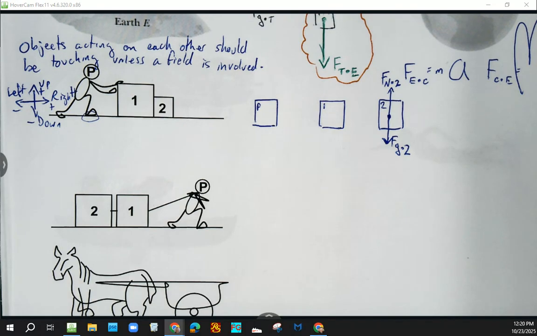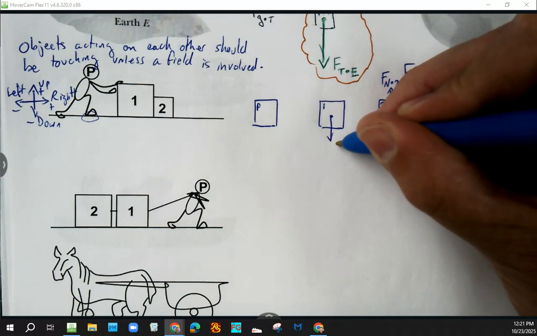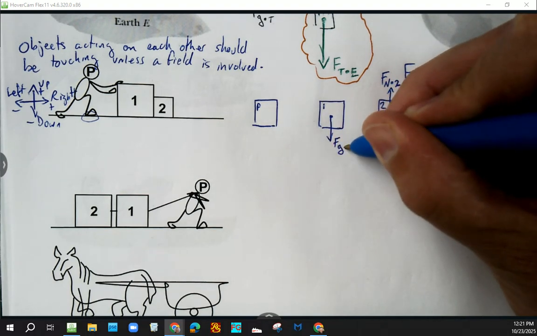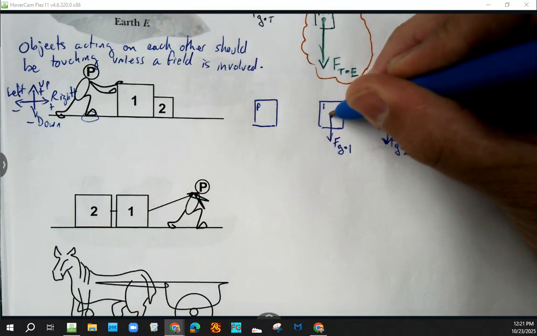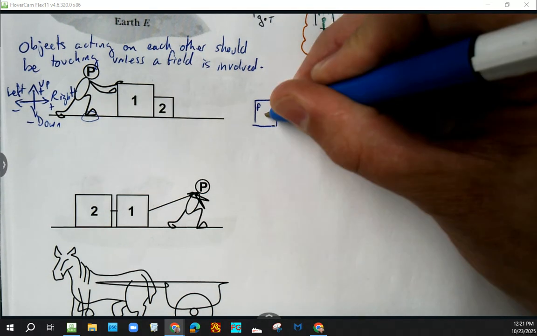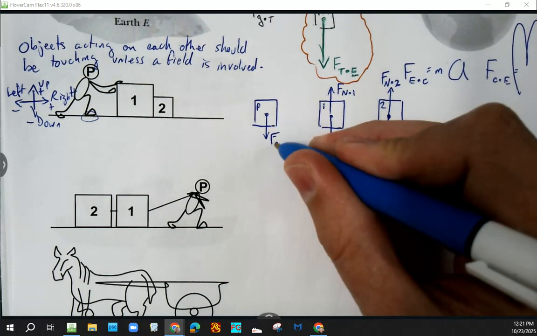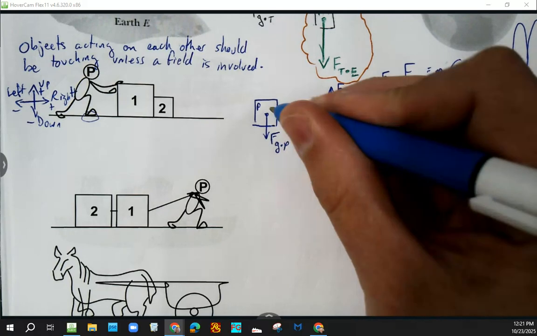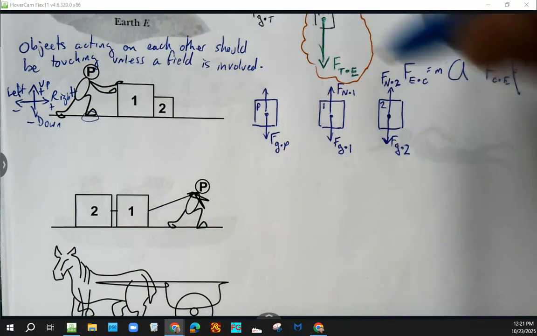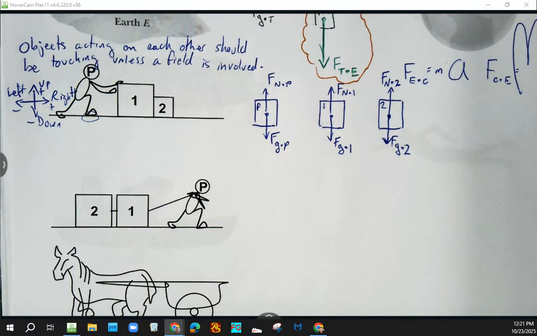And if you ever go to the orchard, they always say, pick the low-hanging fruit first. So the easy stuff: force of gravity on 1, force of normal on 1, force of gravity on the person, force of normal on the person. That's the low-hanging fruit, the easy pickings.